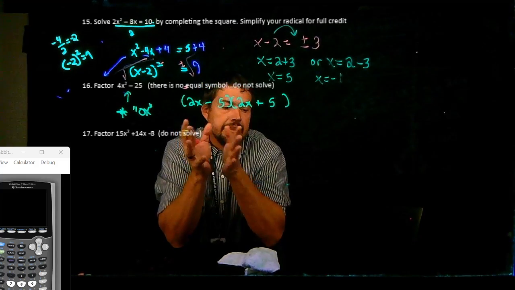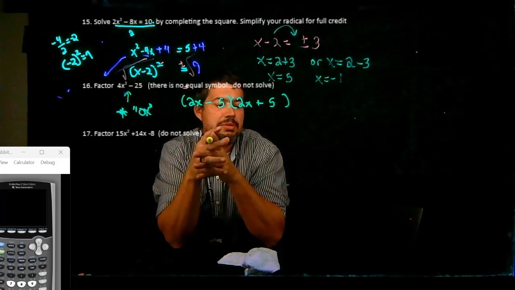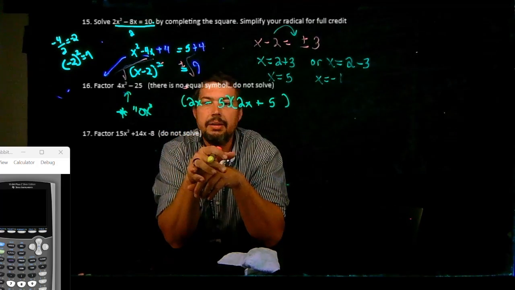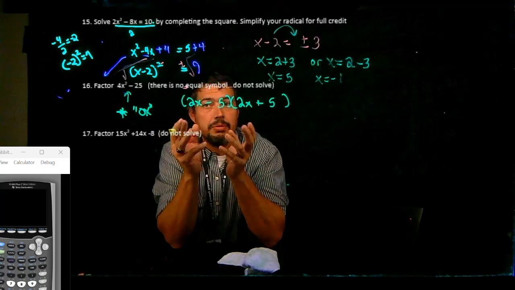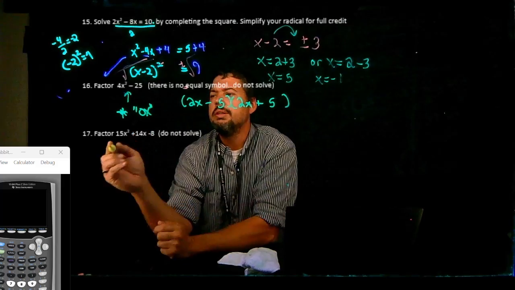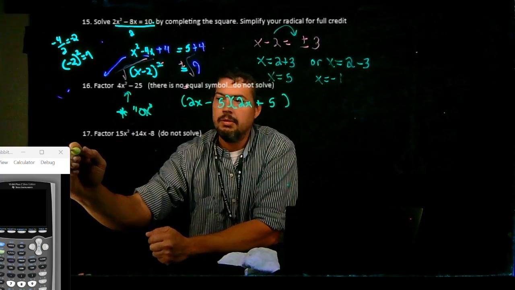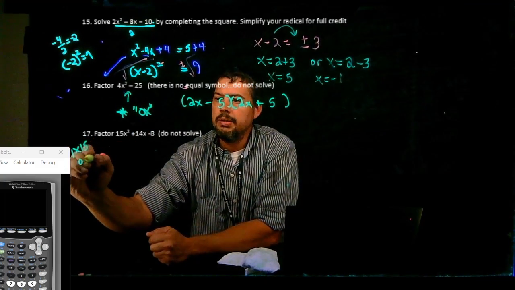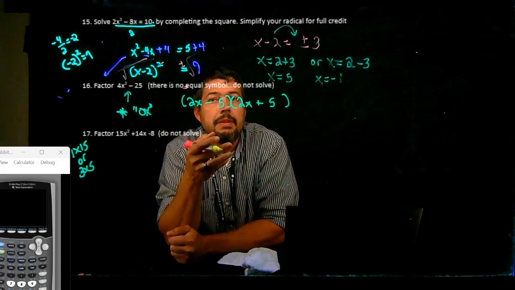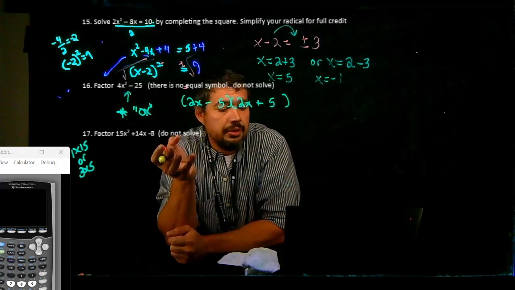Number 17, you know, that's not anything special. 17 is brute force factoring. And it doesn't say solve, it's just brute force factoring. There's lots of ways of making a 15x squared. You could be a 1 times a 15, or you could be a 3 times a 5, and the teacher, which is me, usually picks on things that are closest to each other.